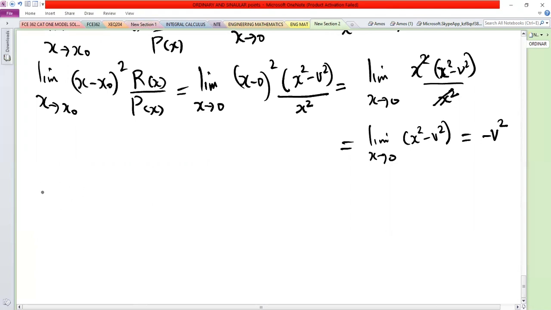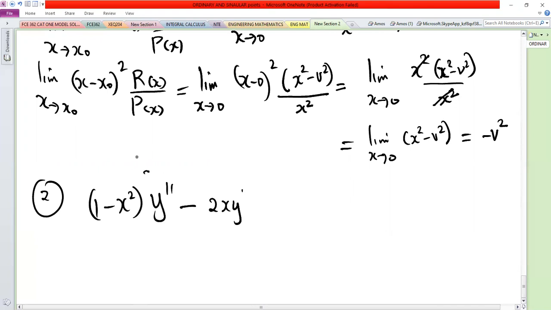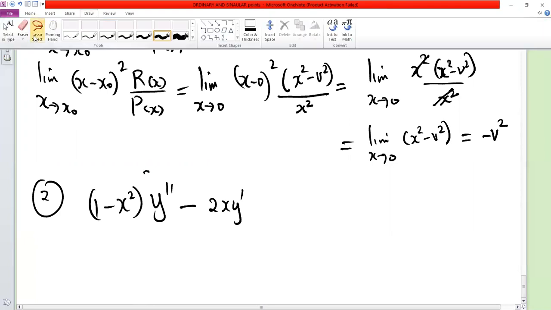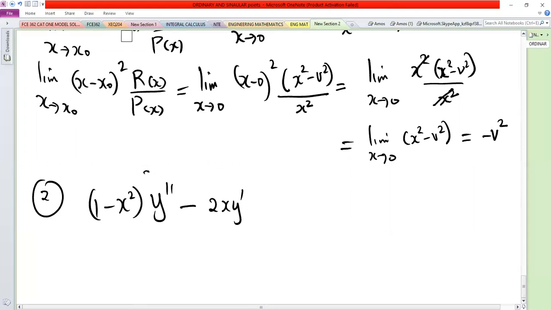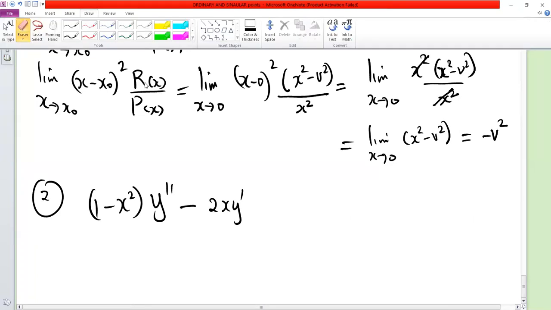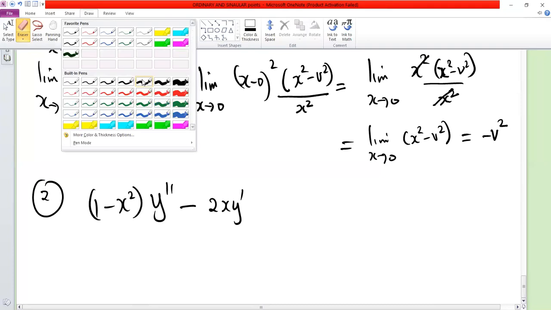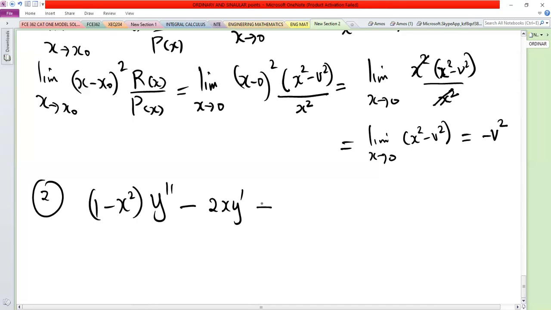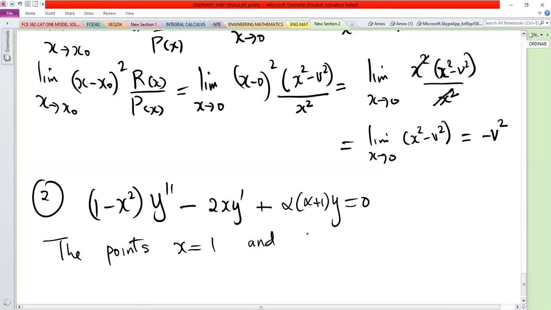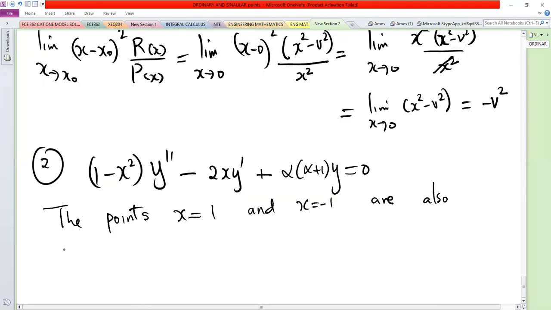Similarly, if we have the Legendre polynomial equation given by this, plus alpha times (alpha plus 1) y equals 0, the points x equals 1 and x equals minus 1 are also regular singular points.